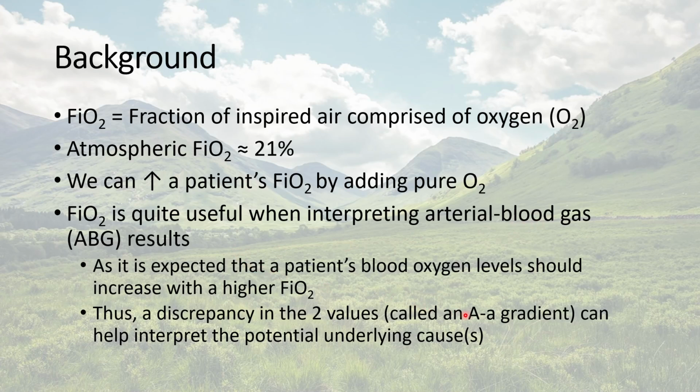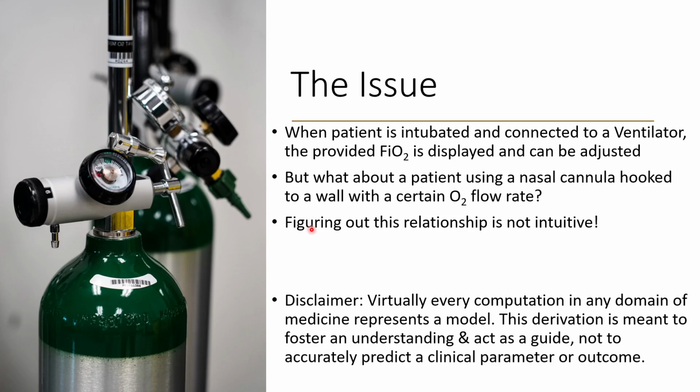For instance, there's something called the AA gradient, the alveolar-arterial gradient, which can help interpret some pathologies in the lung. And so FiO2 is needed in order to have a meaningful result when using this metric.